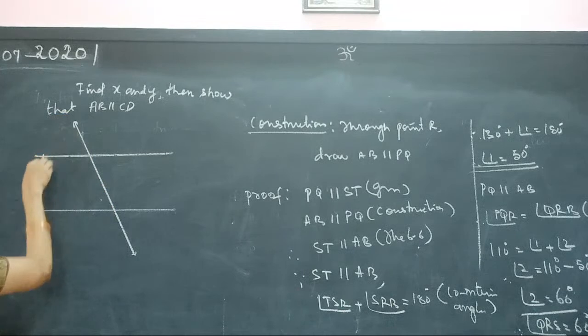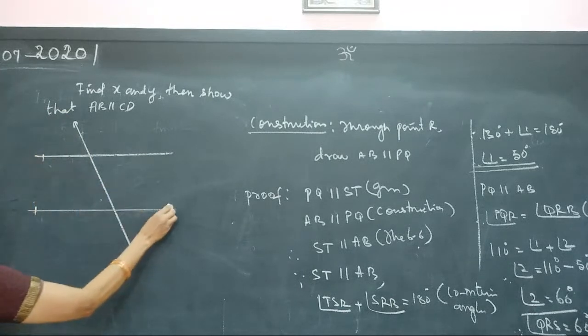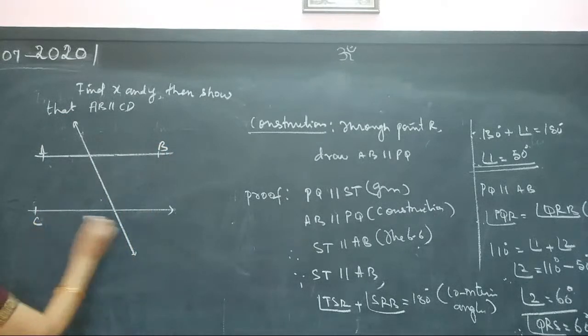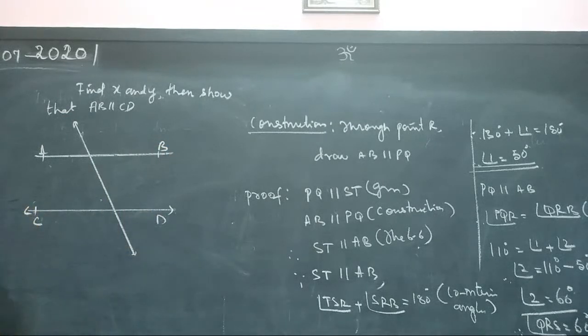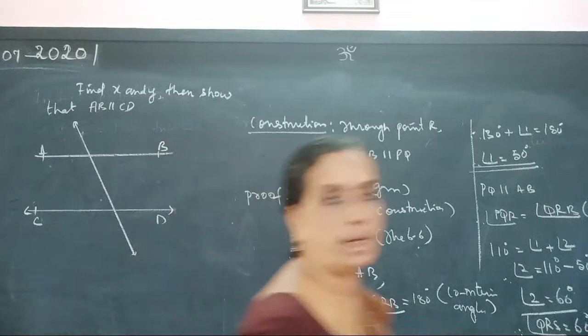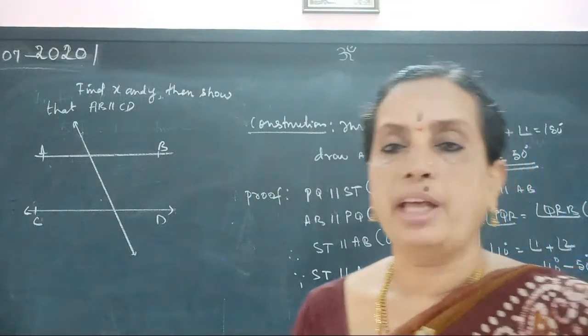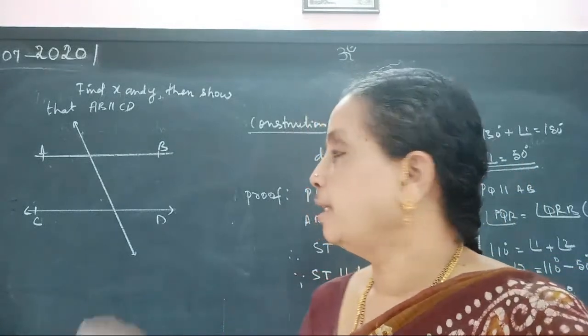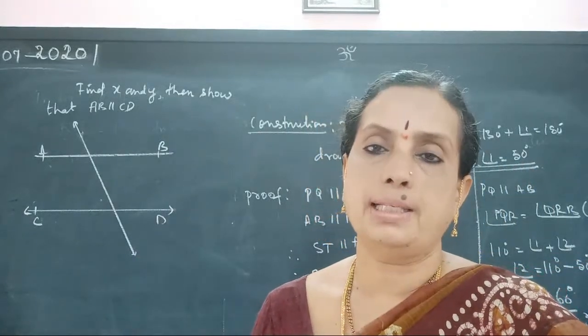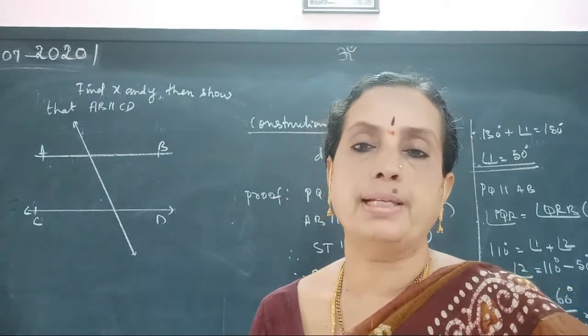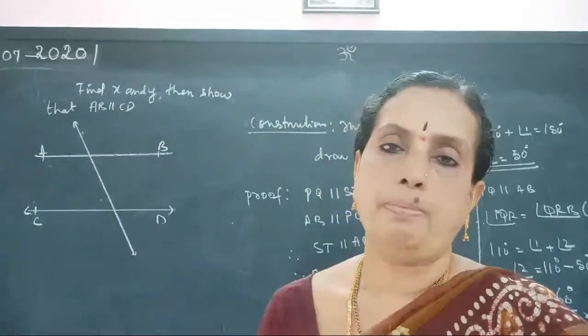We can use only linear pair angles and vertically opposite angles. Unless it is mentioned in the question that the lines are parallel, we cannot consider it. After showing the values, by the converse, we can say that the lines are parallel.